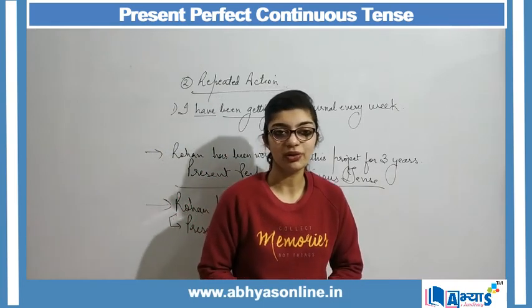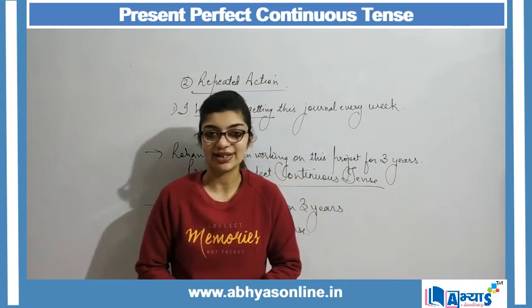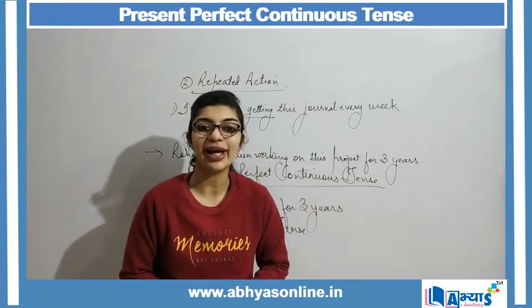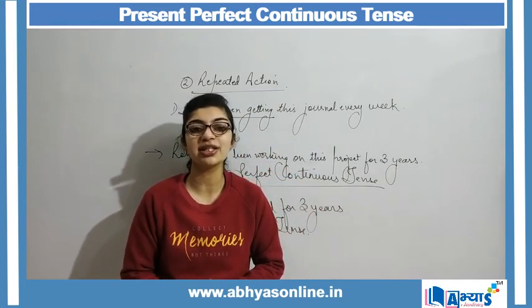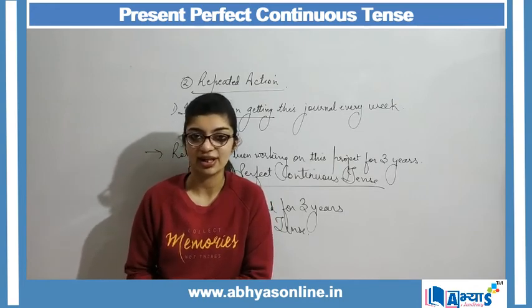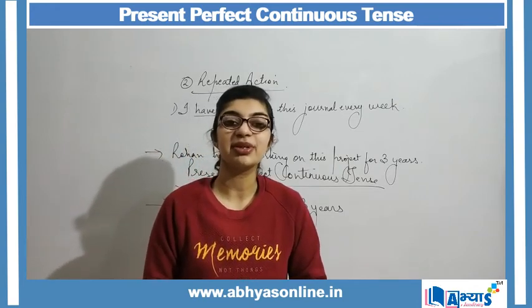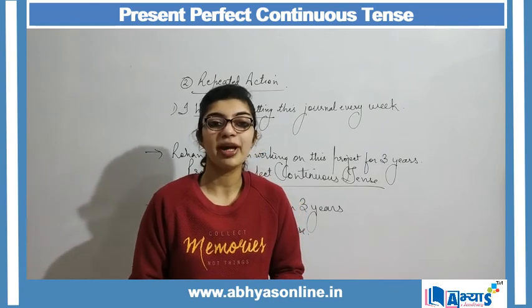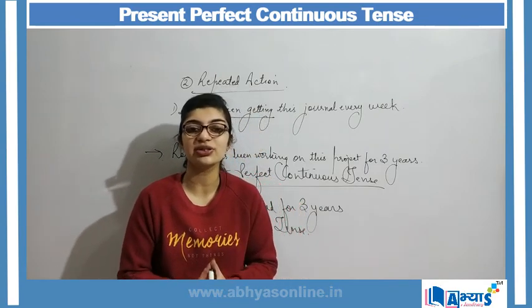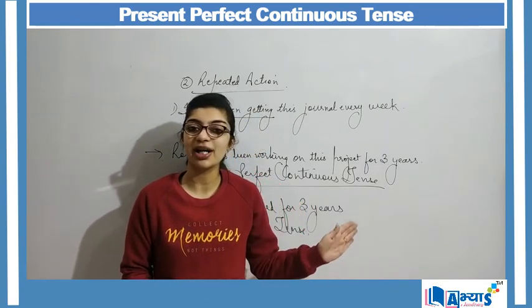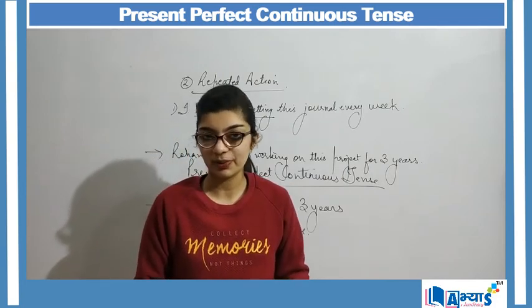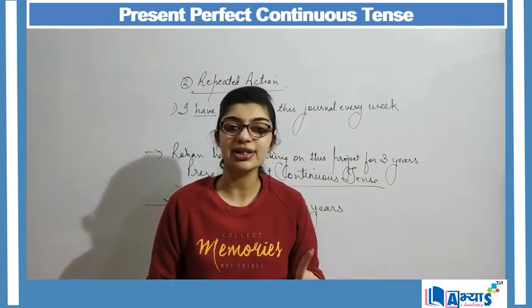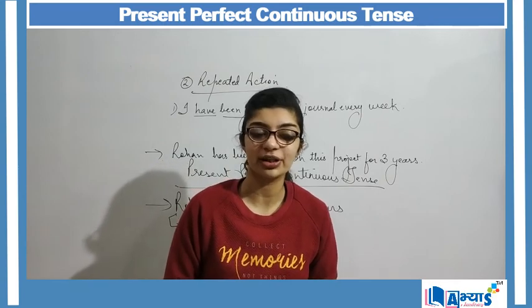Now in this video we have studied about tenses and then we focused on the type of present tense, which is present perfect continuous tense. Present perfect continuous tense basically depicts or represents that some action took place sometime in past and it is still in continuation. This was my first application of present perfect continuous tense.